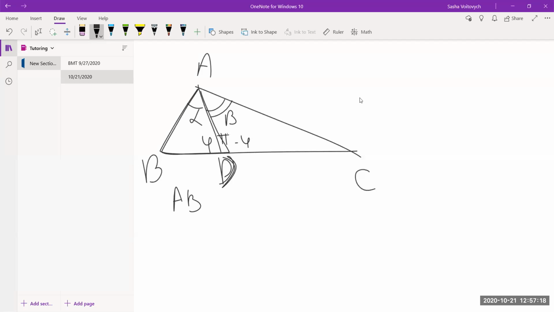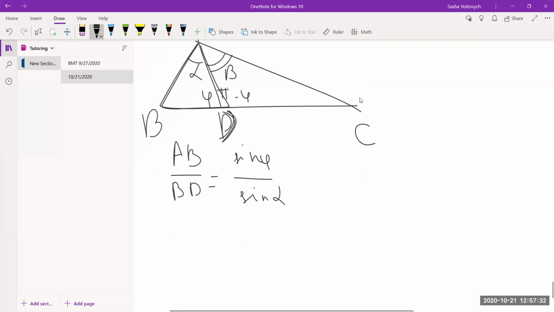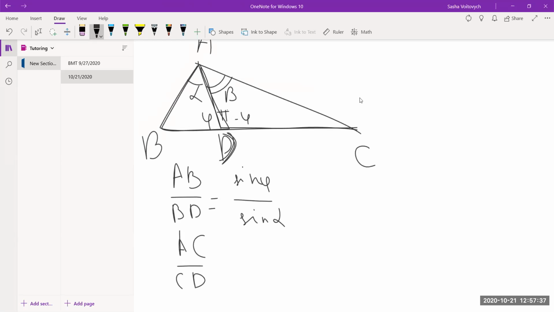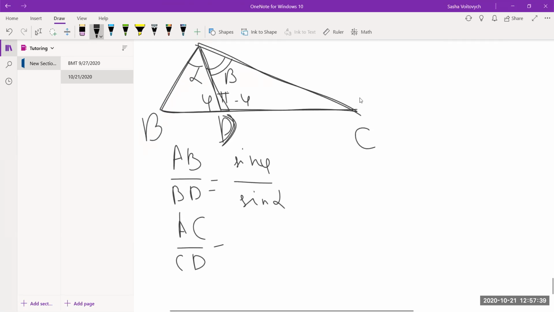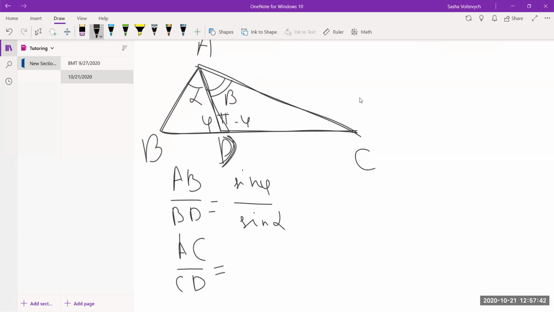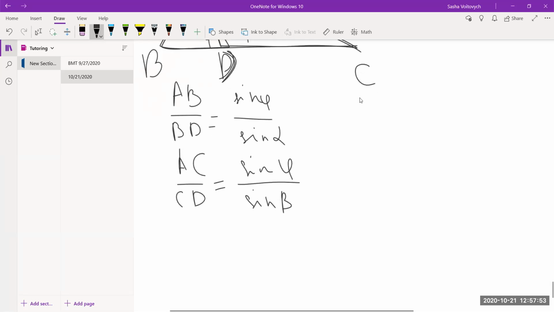So AB over BD is equal to sine phi over sine alpha. And AC over CD, similarly, if we write it for this triangle, is equal to sine of pi minus phi, which is sine phi, over sine beta.